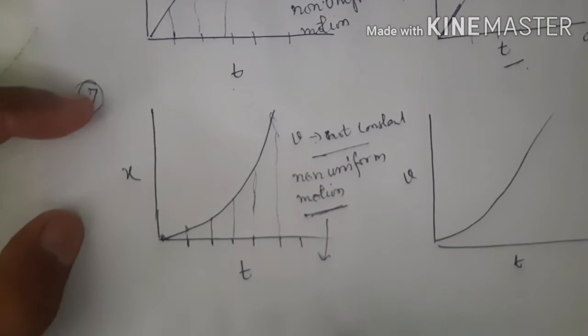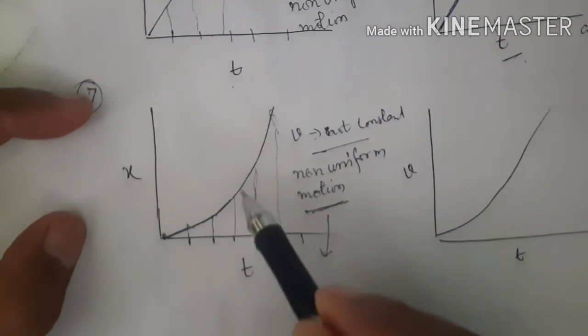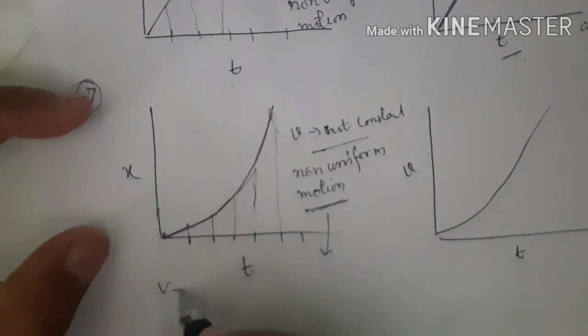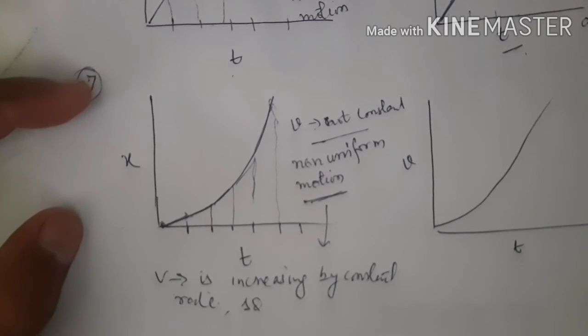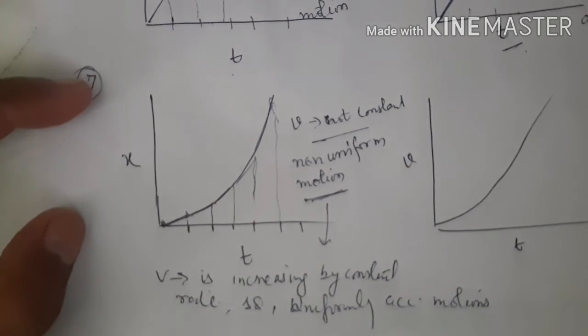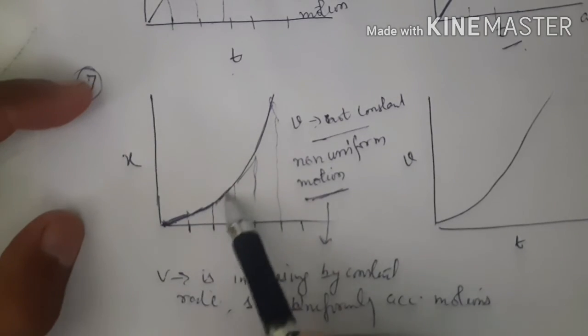If you divide this graph into equal intervals of time, you will find that its velocity is increasing at a constant rate. As the velocity increases at a constant rate, we can say that it is uniformly accelerated motion. Remember this graph: it is uniformly accelerated, because if you divide it, you will find that its velocity is increasing at a constant rate.